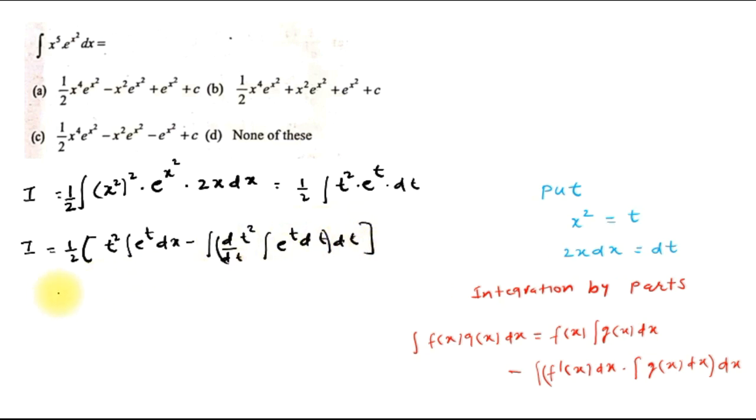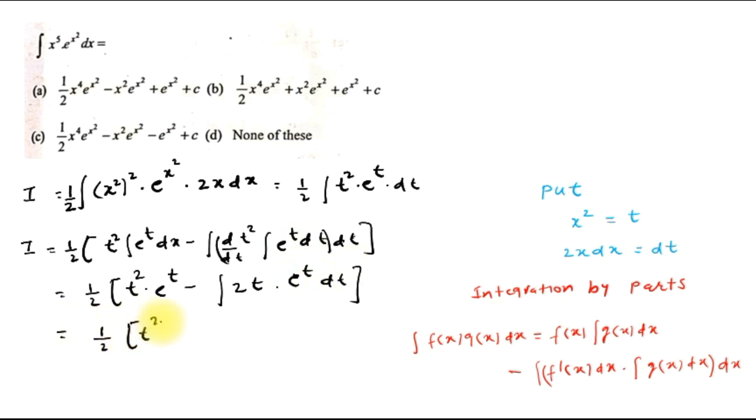Now this is equal to half into t square into e to the power t, minus integration of 2t, the differentiation of t square, into e to the power t dt. So here we see that I is equal to half into t square into e to the power t minus 2 into I2, where I2 is the integration of t into e to the power t dt.